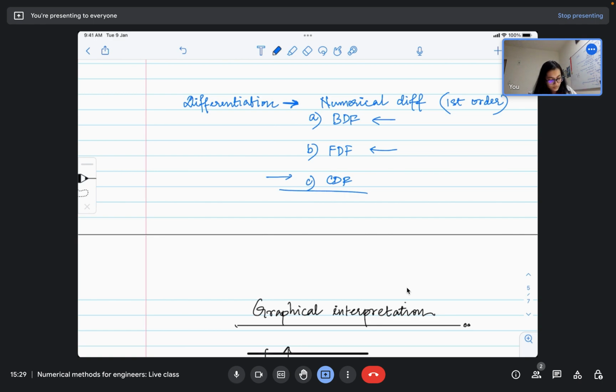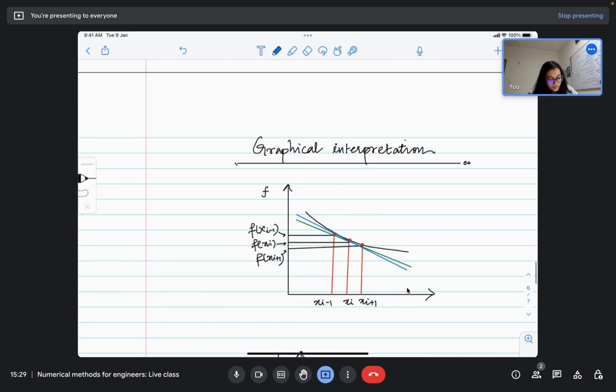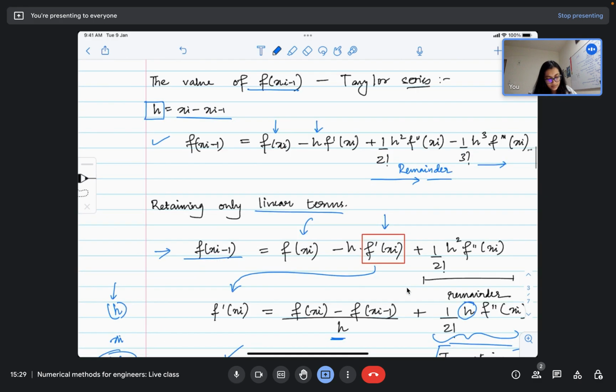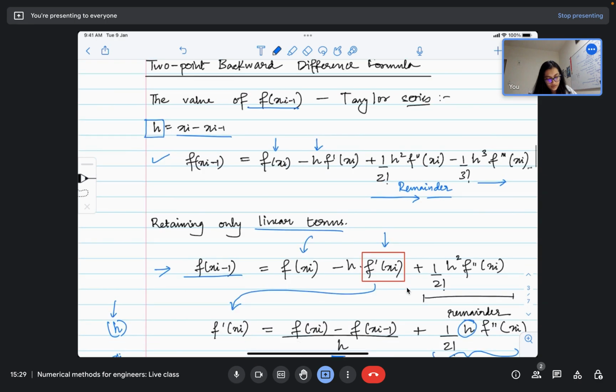So in case of the graphical representation of the first one, let's try and look at what we had done in backward difference formula. Okay.